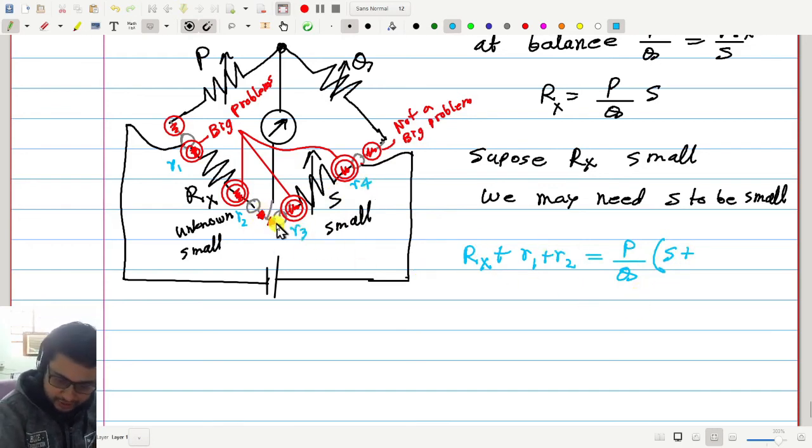In fact this will also come, this and this. But okay, I can call this together R3, this together R2, so then R3, R2.